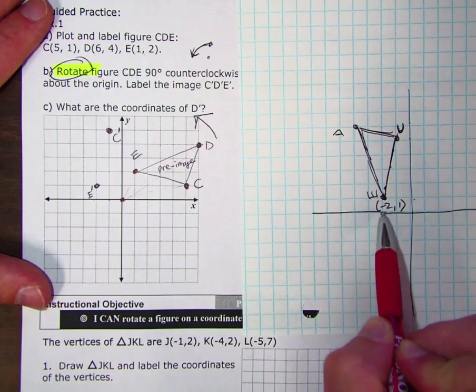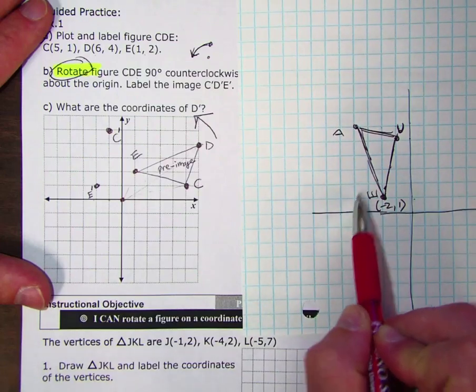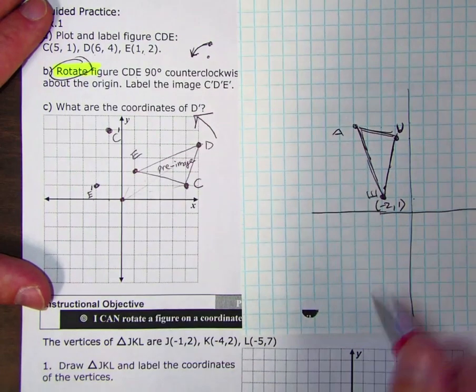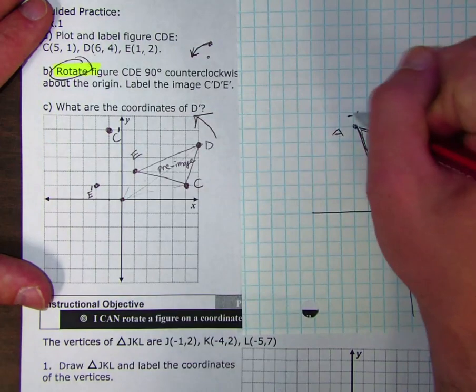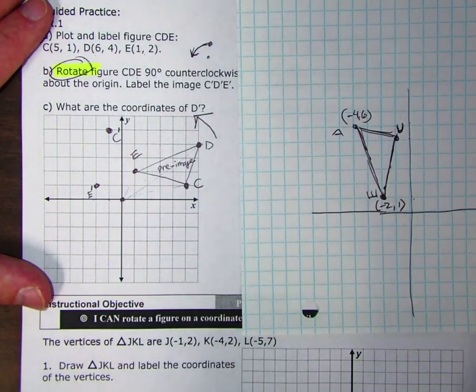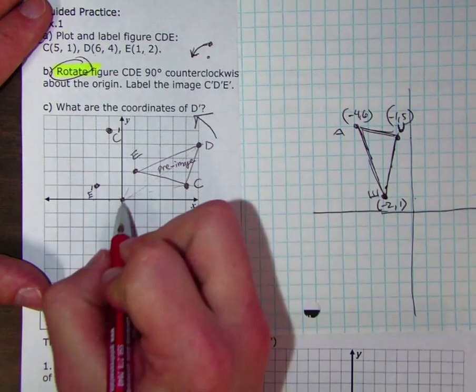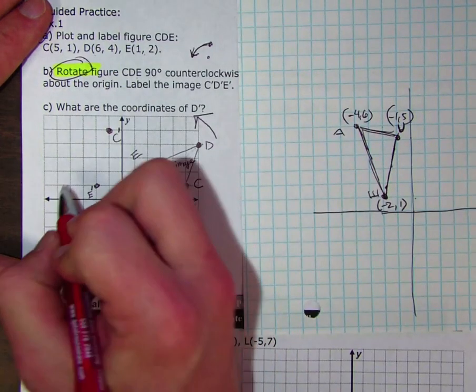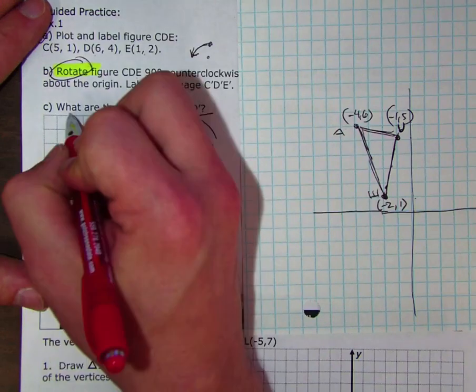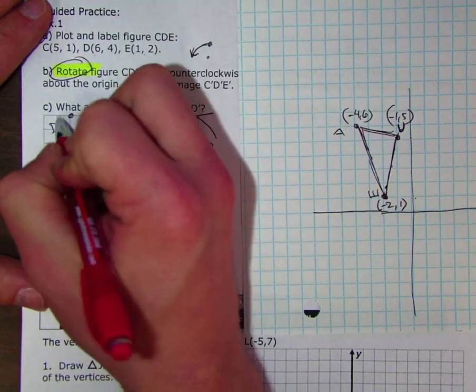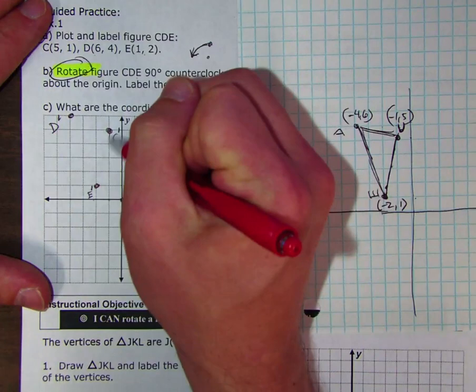Oh, wait a minute. 1, 2, 3, 4. -4. 1, 2, 3, 4, 5, 6. -4, 6. This was -1, 5. So -4, 6. Let's go put that down. 1, 2, 3, 4. 1, 2, 3, 4, 5, 6. That's D prime. Go ahead and connect.